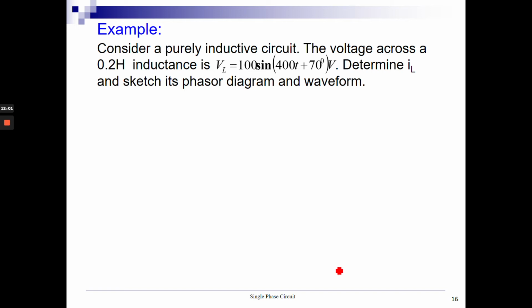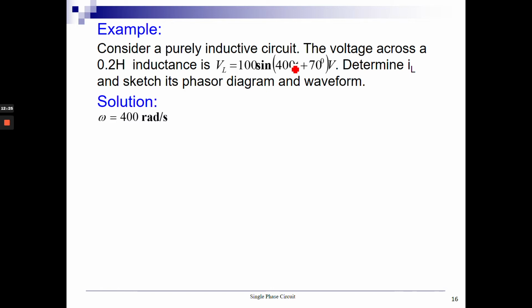Okay, so let's try this example. You have VL is 100 sine 400t plus 70 degree. Determine IL and sketch the phasor diagram and waveform.